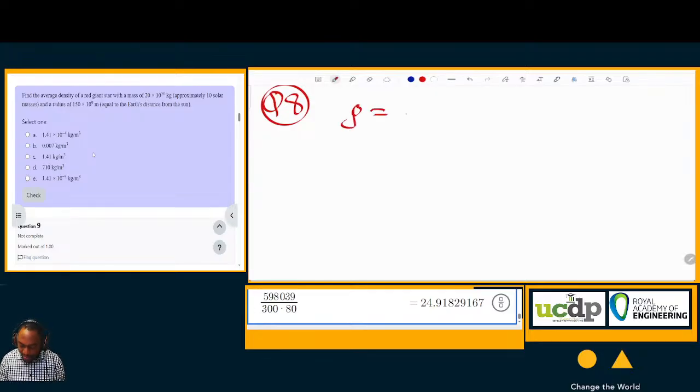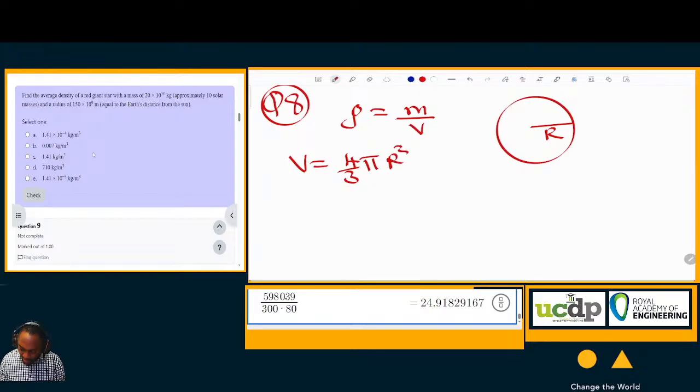Density is equal to the mass over the volume. Because you're given a radius, then obviously it's spherical. You're given a radius r, the mass you're given, you need the density, you've got the volume. So the volume of a sphere will be 4 over 3 pi r cubed.